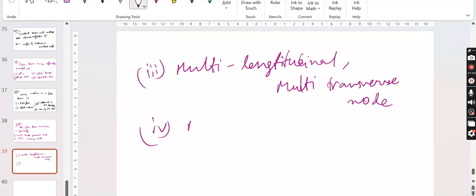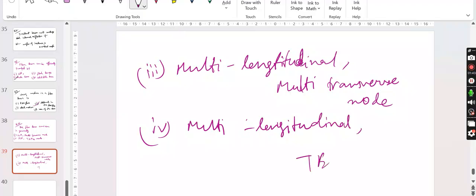Fourth is multi-longitudinal TM00 mode. So it is basically longitudinal and TM00 mode. It is neither SLM, and TM00 is basically the mode.